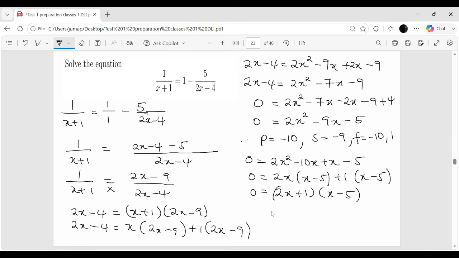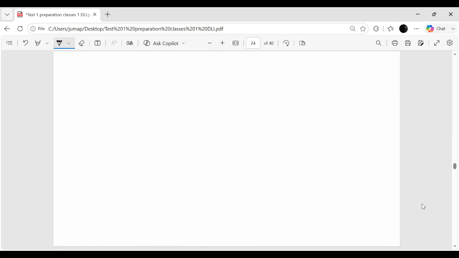As a result, 2x plus 1 is equal to 0, comma, x minus 5 is equal to 0. Okay, as a result, my 2x plus 1 equal to 0 and my x minus 5 equal to 0 are what I'm going to have. As a result, this is going to be 2x.